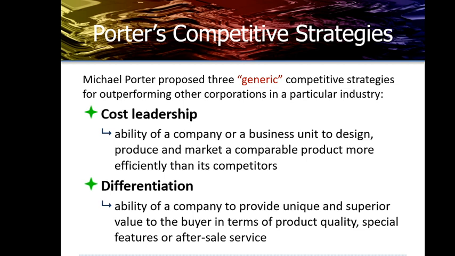Cost leadership is the ability of a company or business unit to design, produce and market a comparable product more efficiently than its competitors. So we are talking about higher efficiency and lower cost. That's why I can sell products at lower prices than my competitors if I consider the cost leadership strategy.